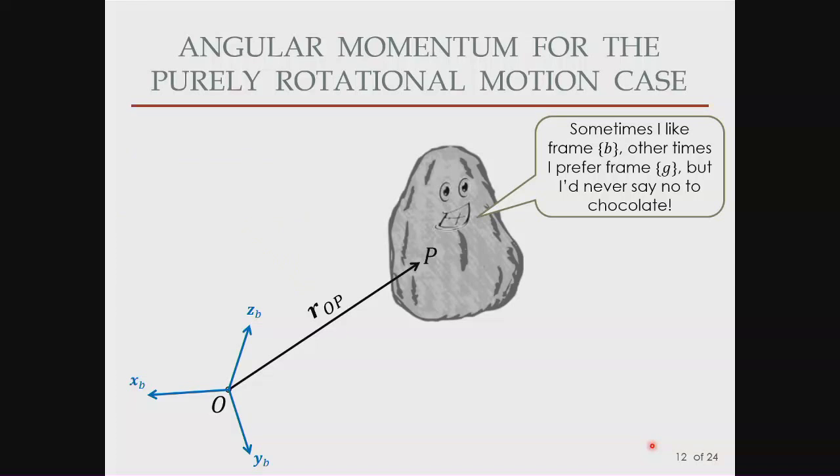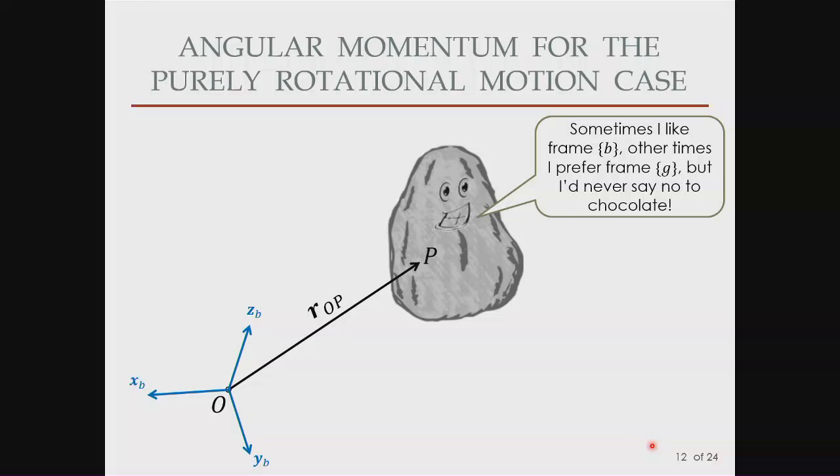So this slide doesn't have too much meaning, but essentially several things. You will see that now we will be able to calculate angular momentum about this point O or about point G. And we will need to make choices. I'll come back to it. Everything we are doing now is a special case of purely rotational motion.